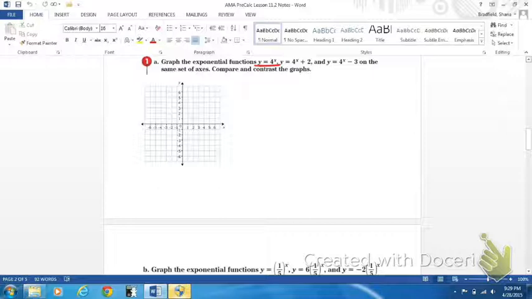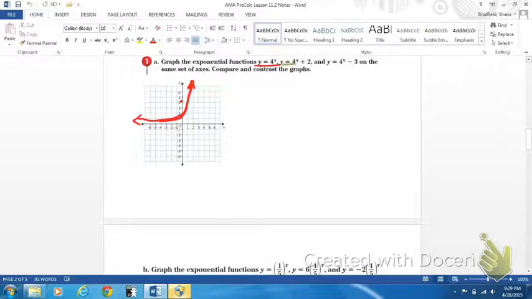And that's going to look like this. Hopefully yours looks a little bit better than mine.